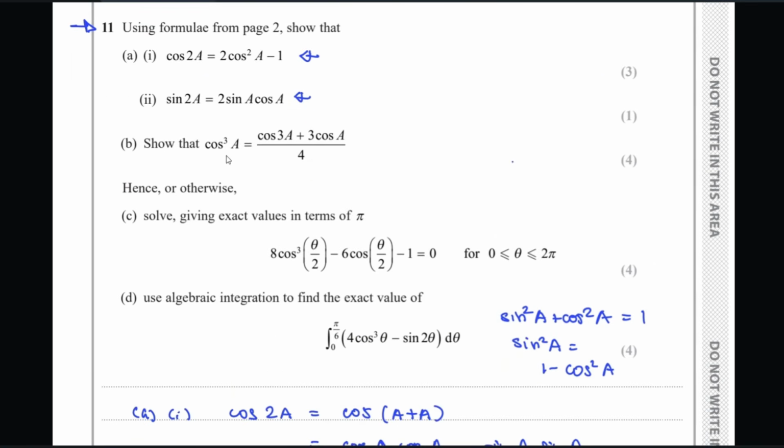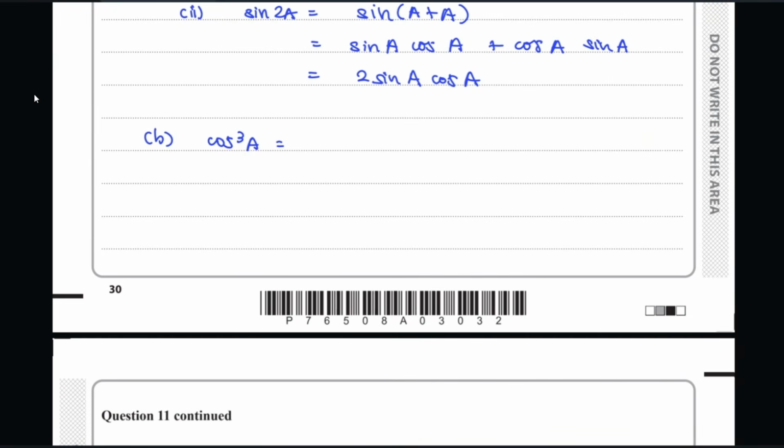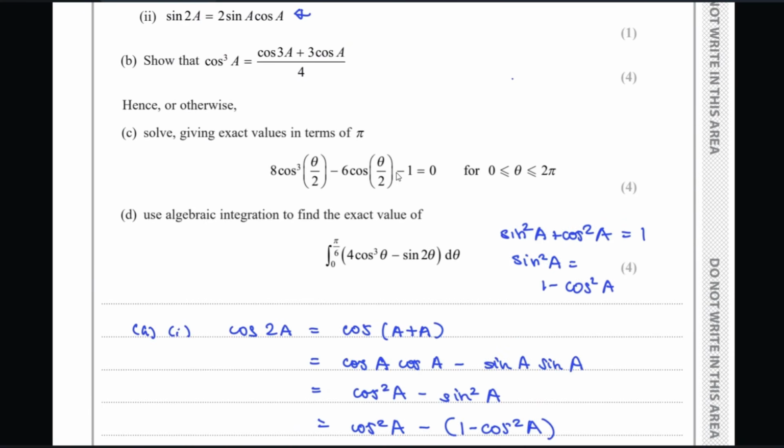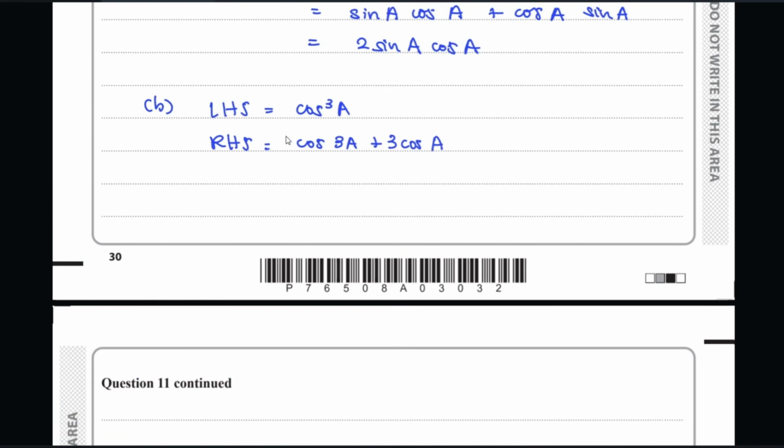Show that cos cubed a is equal to (cos 3a plus 3 cos a) over 4. So it's going to be similar. So let's say left-hand side is equal to cos cubed a. Now right-hand side is (cos 3a plus 3 cos a) over 4, everything divided by 4.